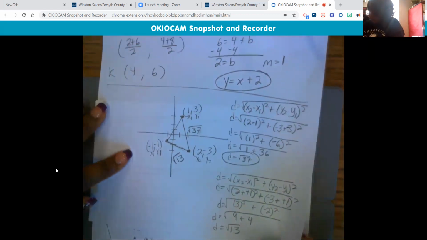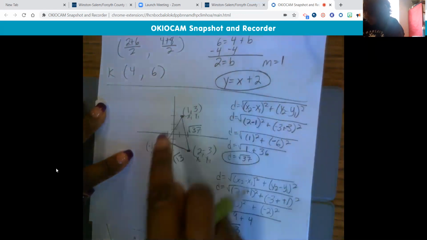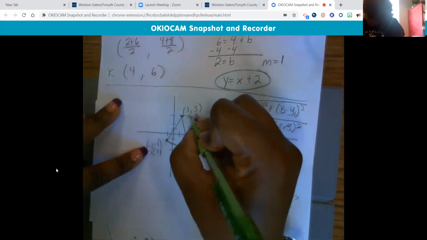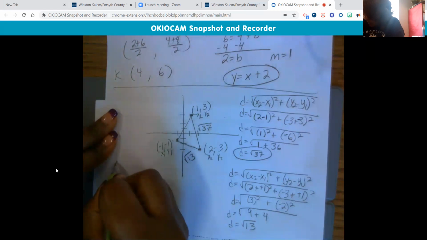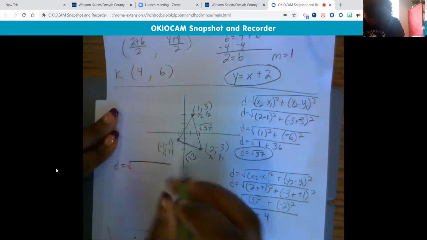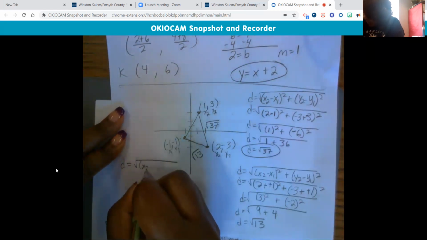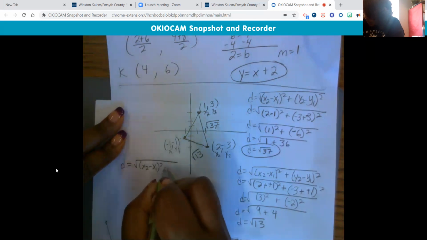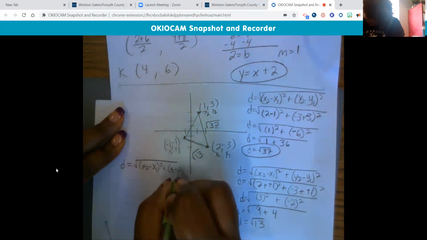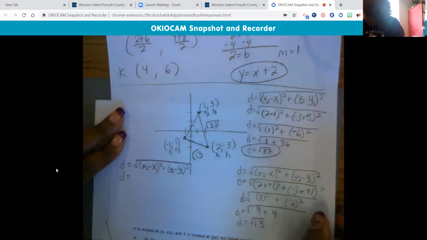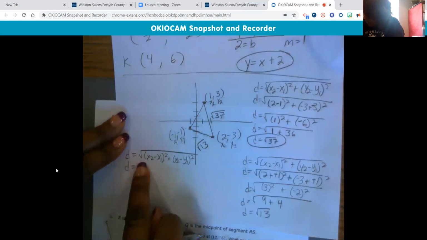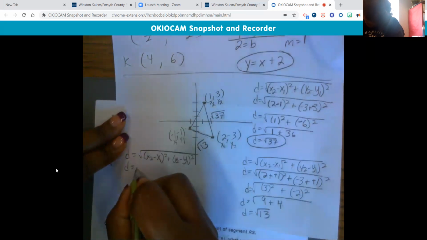Okay, so now I'm going to do this one. Okay, I'm going to make this the first point and this the second point. Okay, all right, so let's do this one. D is equal to, doing it again, x2 minus x1 squared, y2 minus y1 squared. Okay, so now here again, your x2 is 1.